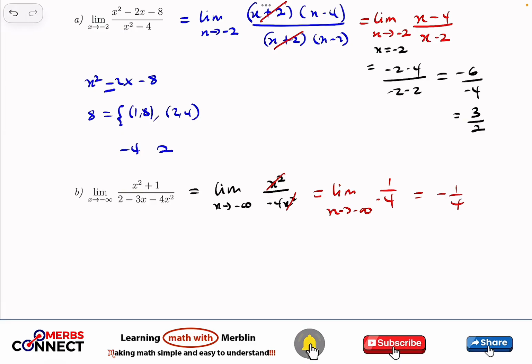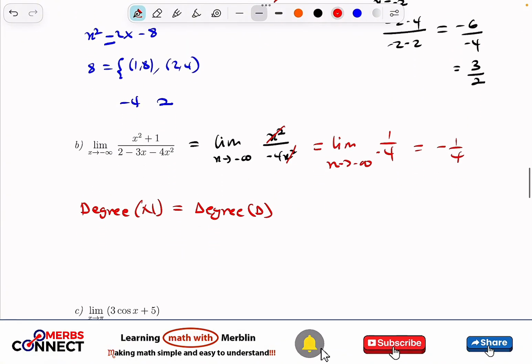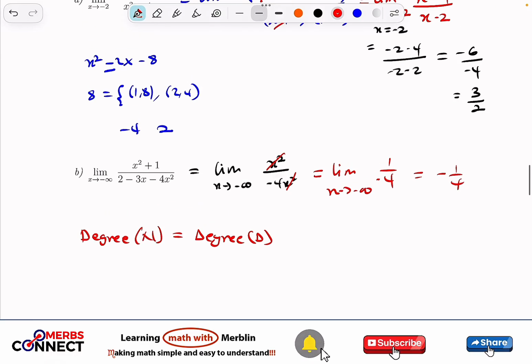Another way of doing this is you can also say that the degree of the numerator is the same as the degree of the denominator, right? So I can pick the ratio of the coefficients.